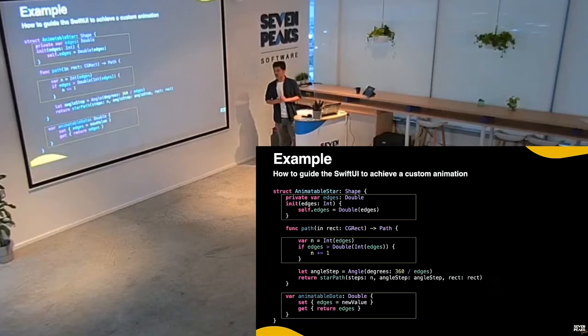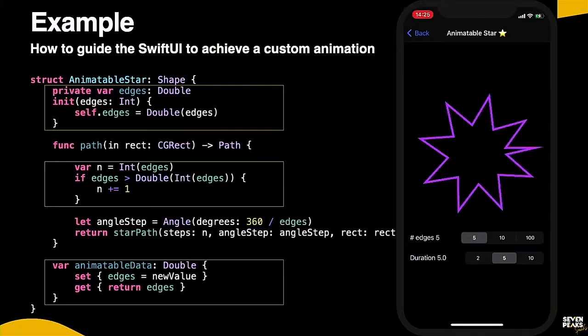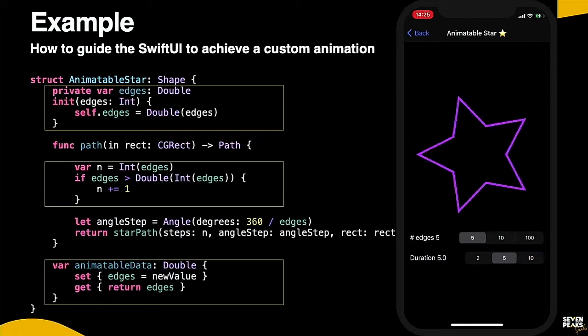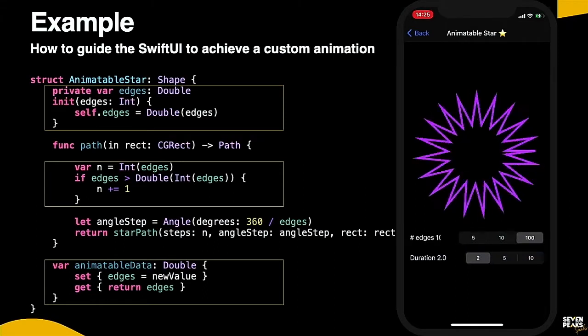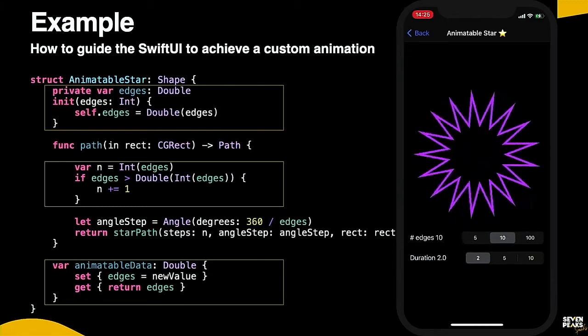So let's see the updated result. Now it animates perfectly. I added another picker for the timing, the animation duration, to let you see the animation more clearly.